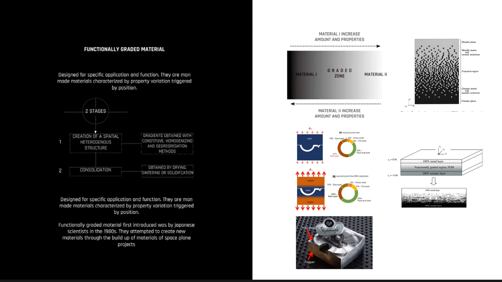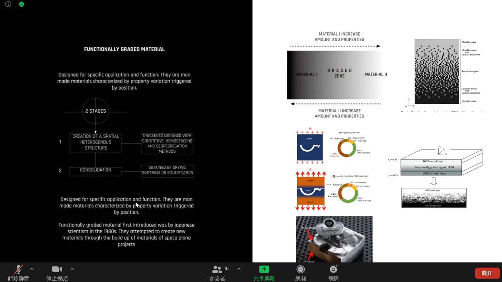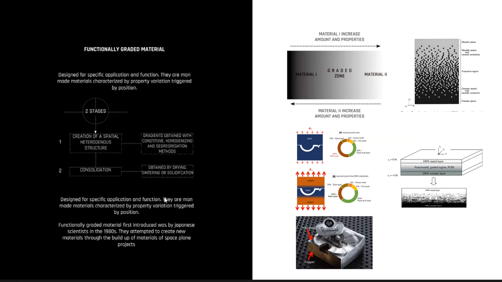So we looked into the history of functionally graded materials. Briefly, we can discuss how other people were looking into gradient materials. Basically, it is two materials, and they would mix up in a graded zone.